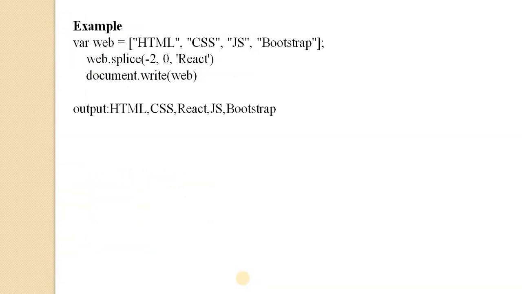Next example is the last example, in which we insert an element at the second index from the end. That means we insert an element using a negative index.